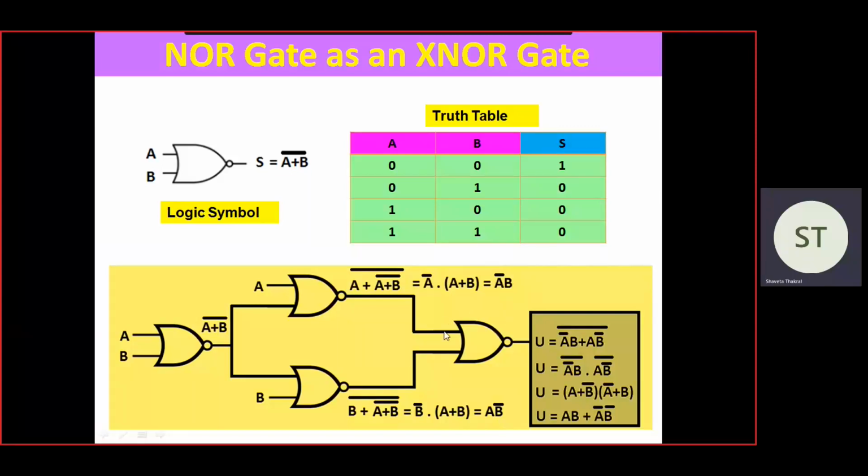Finally we put one more NOR gate, taking one input A complement B plus another input A B complement, to the whole complement. Here we have the form: complement of sum is equal to product of individual complements. One input is A complement B, and we take the complement of this.